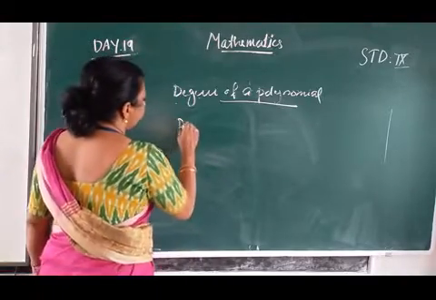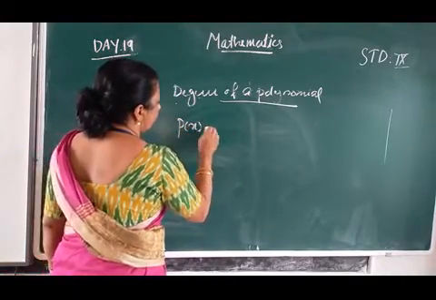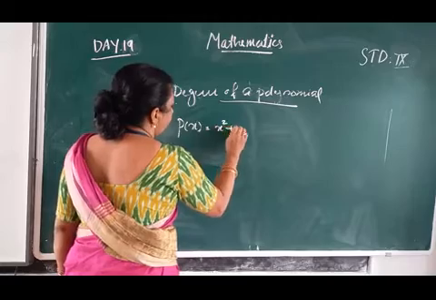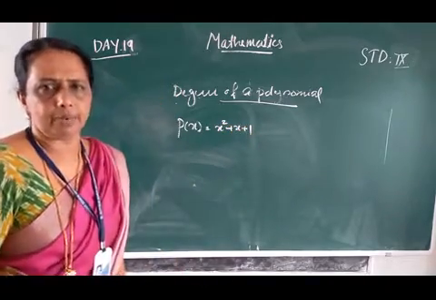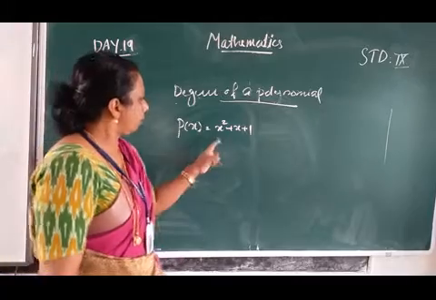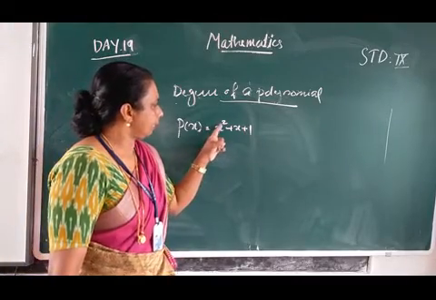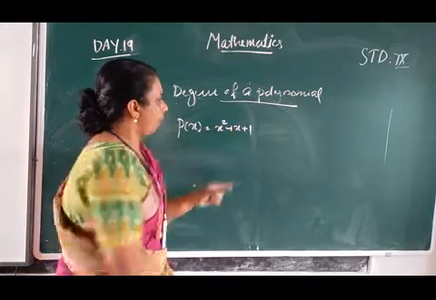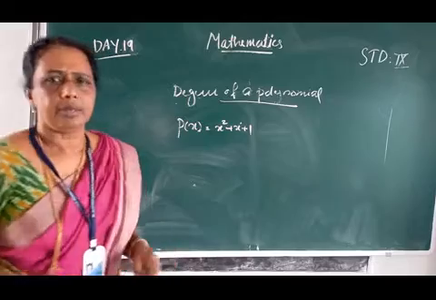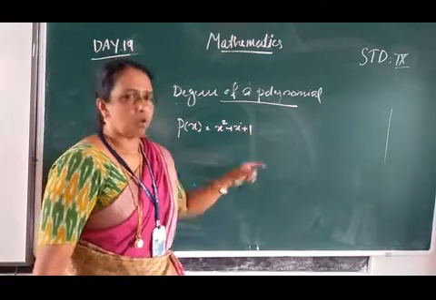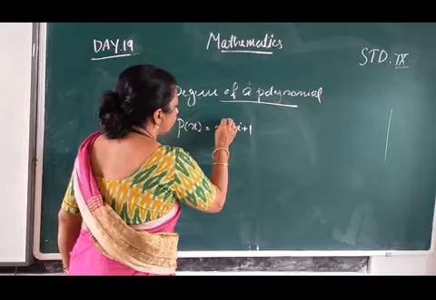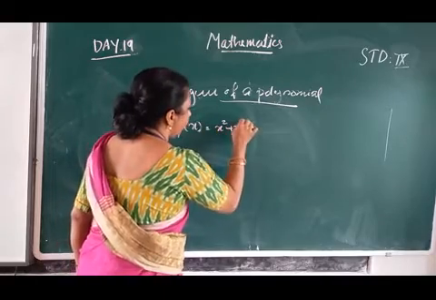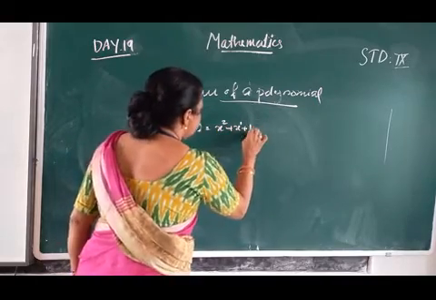For example, p of x is equal to x square plus x plus 1. This is a polynomial in the variable x. Here the powers of the terms are 2, 1, and the power of the constant term is 0.